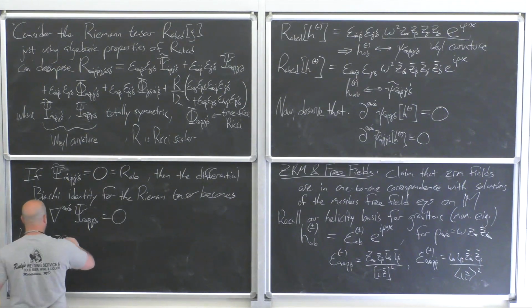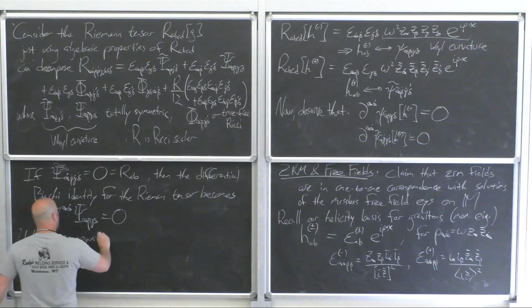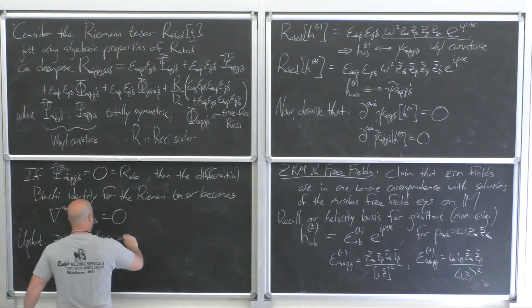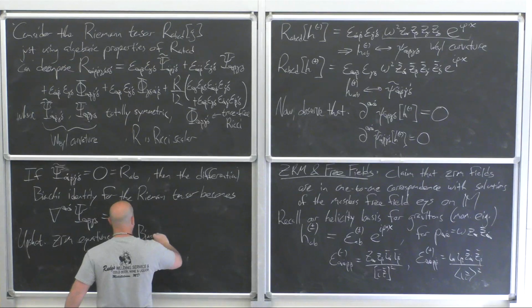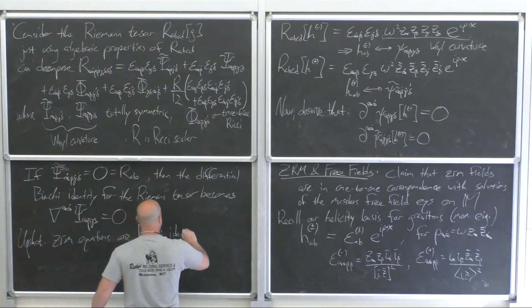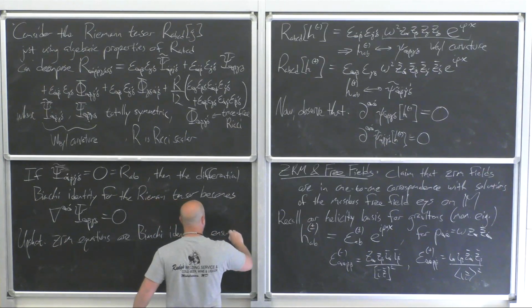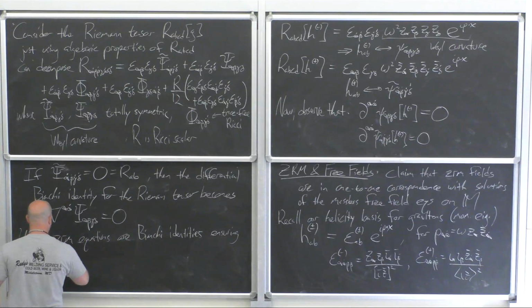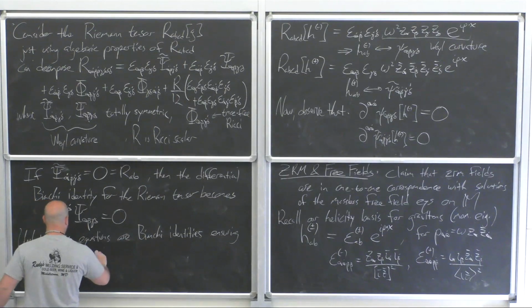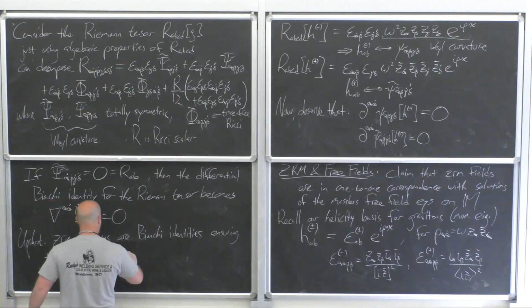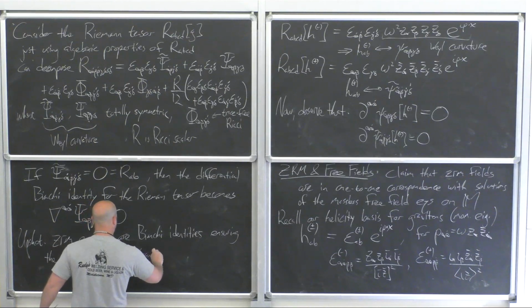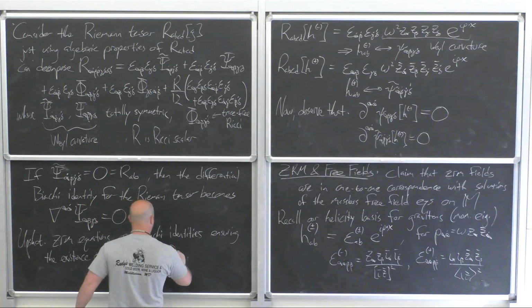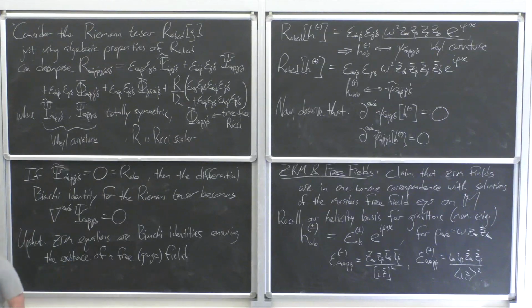So the upshot is that these ZRM equations are just Bianchi identities ensuring that the zero rest mass field came from a free field in the usual sense that we would think about it.